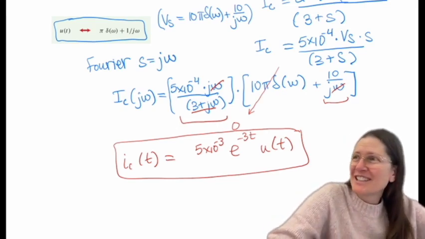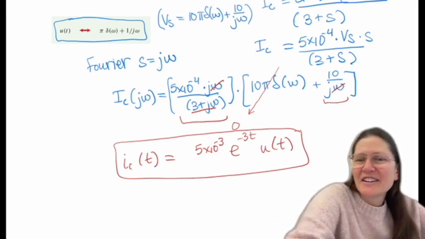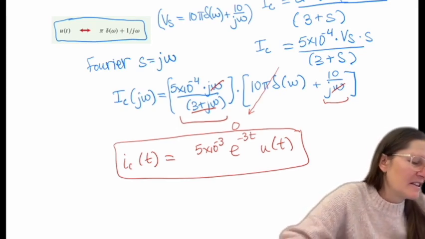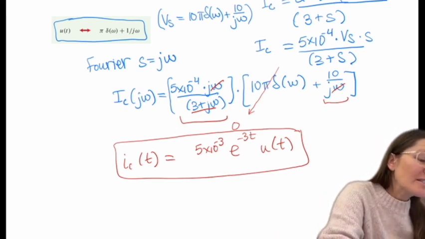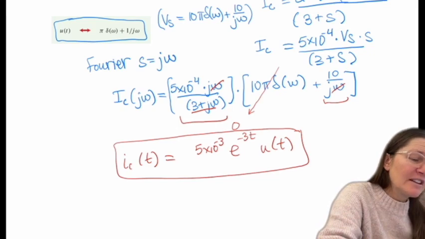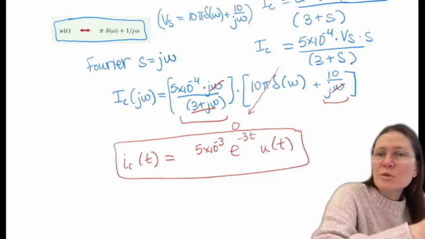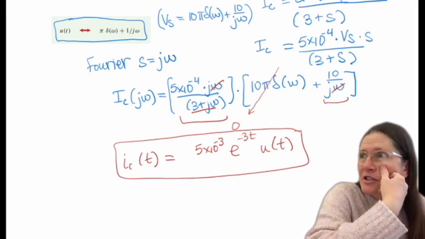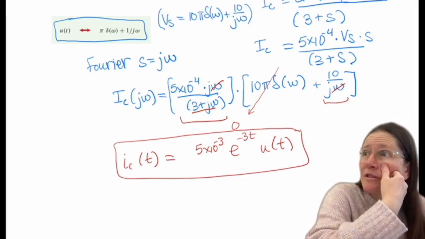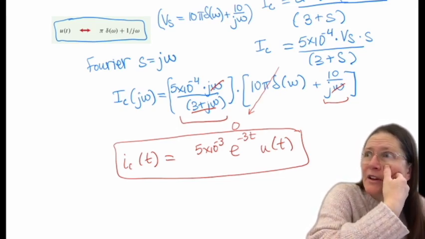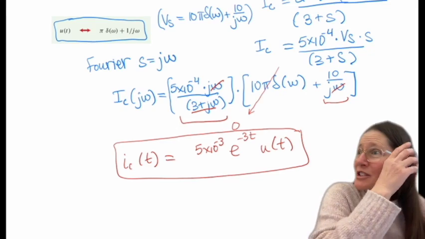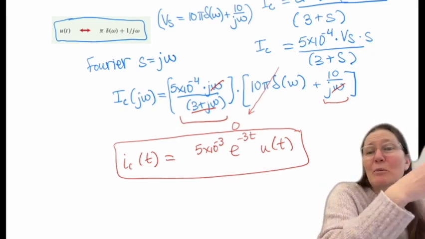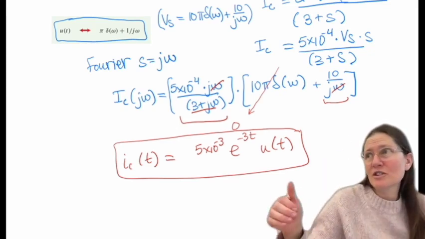Where'd I lose you? Okay, so the 10 pi delta function, when you take the inverse, that actually goes to 0. The integral of it goes to 0. So that's what you're going to watch in the derivation that I do on the videos. So that portion goes to 0, so you're just left with the 10 over j omega.